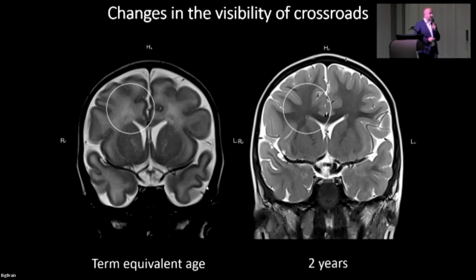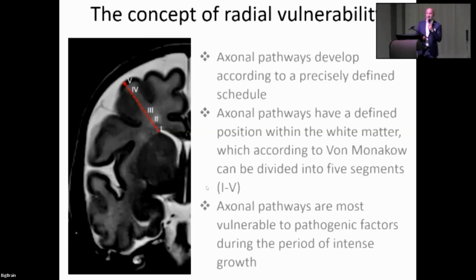So Professor Kostovic developed a concept of radial vulnerability, which is a template or framework for thinking about the correlation of lesion and clinical outcome. Just to explain this concept, I will briefly say that when you have an extremely early premature baby, then usually you have problems close to the ventricle, in the paraventricular region.